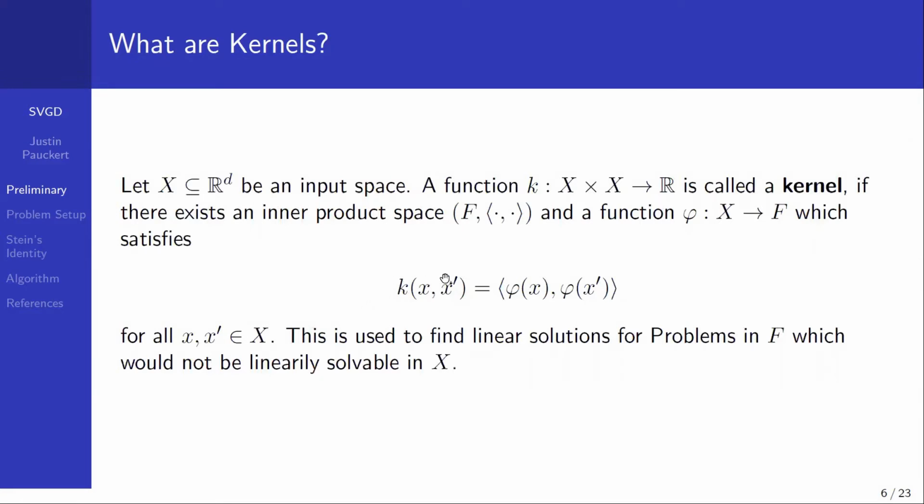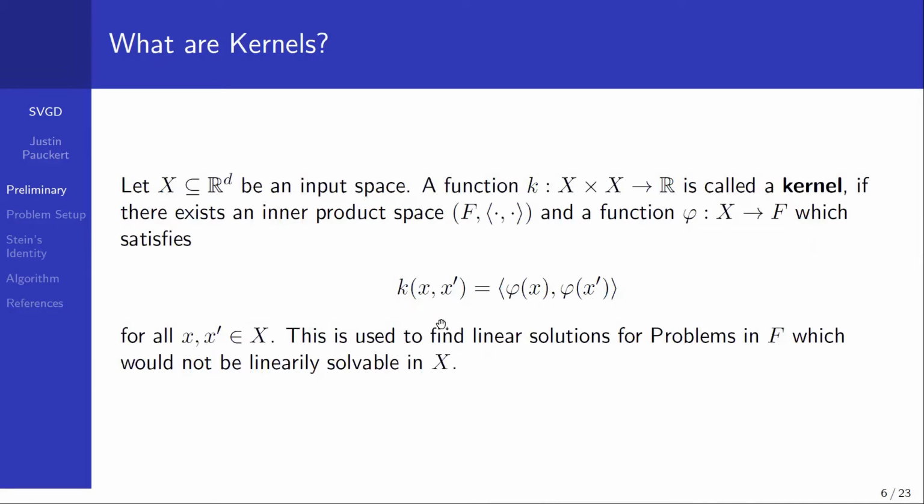Still, kernels are very useful because of this expression right here, because it allows for an intuitive sense of what they're doing. Remember, the inner product of two vectors is 0 if they're orthogonal to each other, and is going to be somewhat related to the norm of the vector if you plug in one vector by itself.